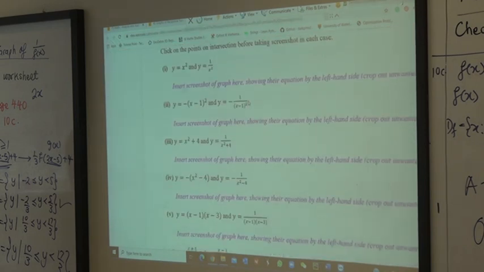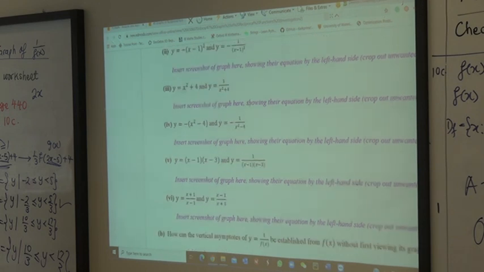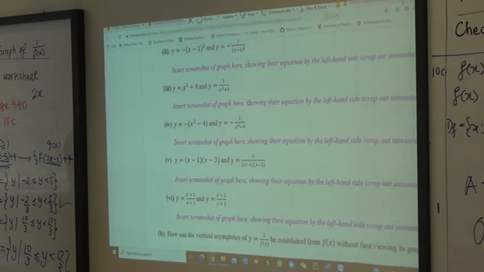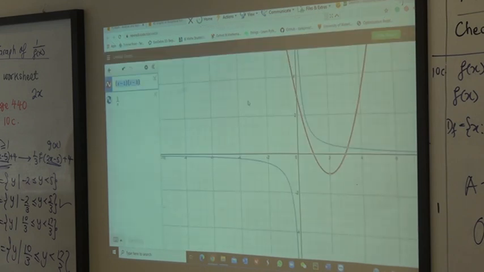The other function is x minus 1, x minus 3. Please type this first. X minus 1, x, is it minus 3? Yes. X minus 1, x minus 3, yes. And the reciprocal of that. So I'm just going to copy this and paste it down here.